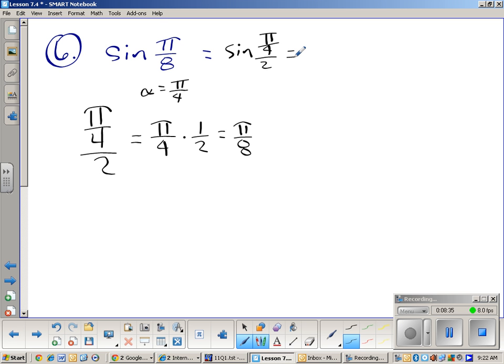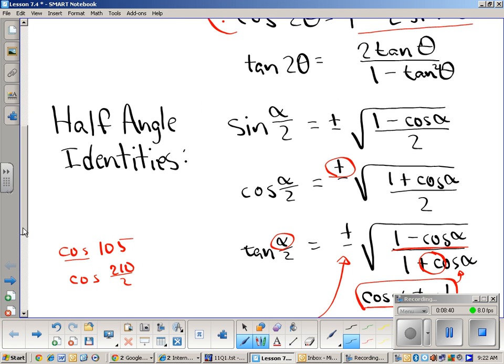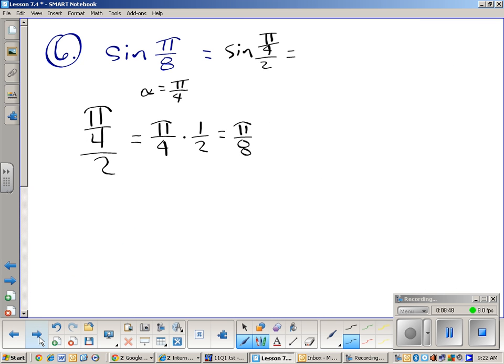And so we go back to our rule for half angle. It's plus or minus square root of 1 minus cosine over 2. Which one's it going to be?